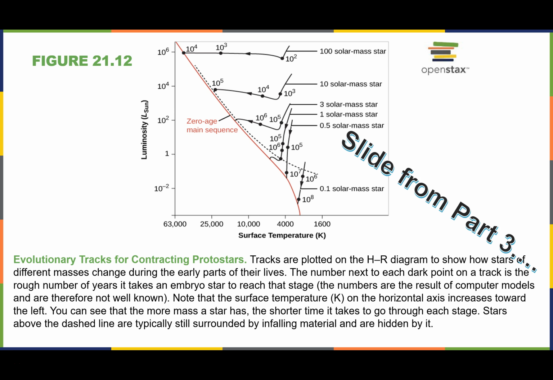We compare that to these, so these would be red dwarfs. So we have 10 to the 8th, okay? Which one takes longer to go from a protostar and become a main sequence star? Yeah, these guys. These take longer to get to the main sequence.